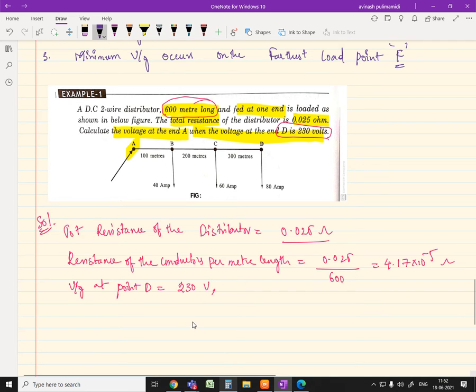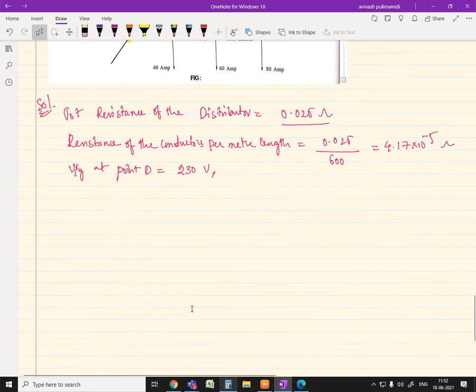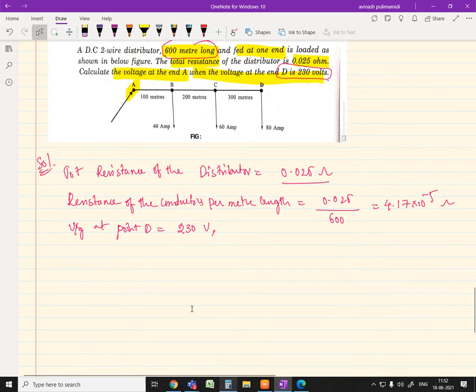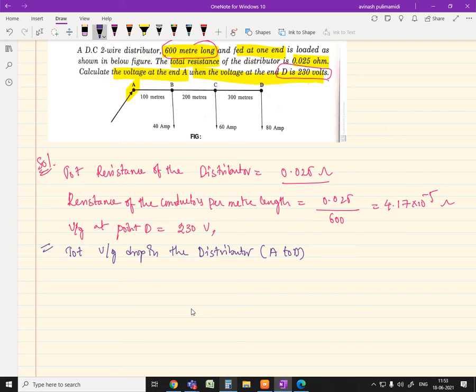The next will be the voltage drop in the distributor from A to D. So here we will be writing the total voltage drop in the distributor from A to D.